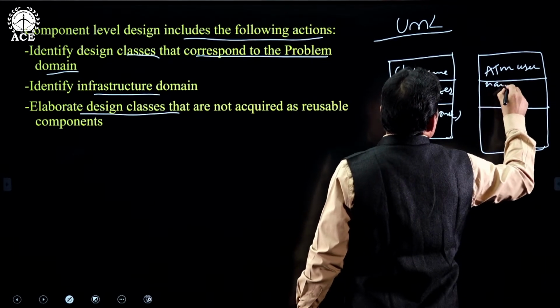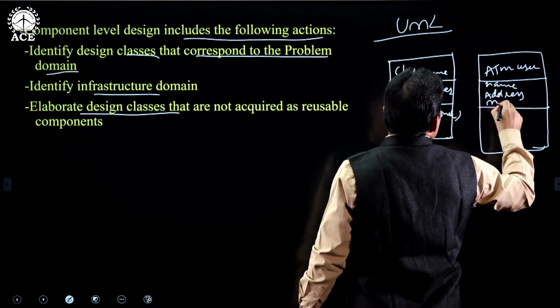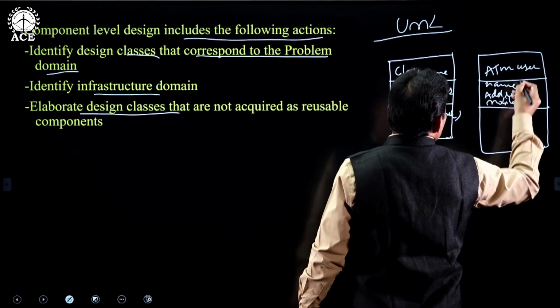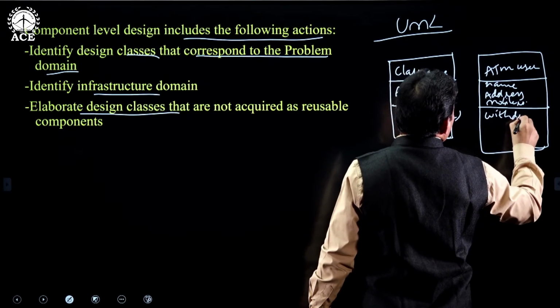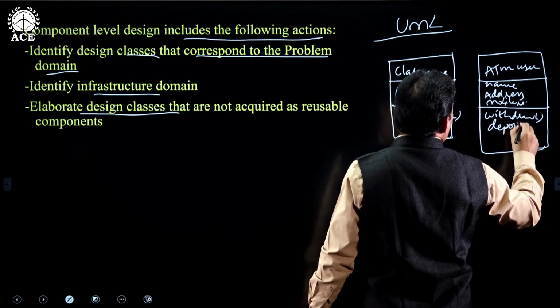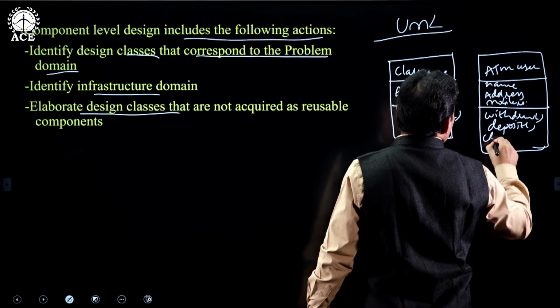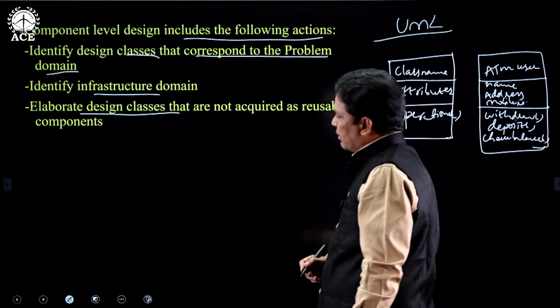Name, address, mobile number, etc. There are many operations an ATM user can do. What are the operations? Withdraw money, deposit money, check balance. These are all the operations, right?